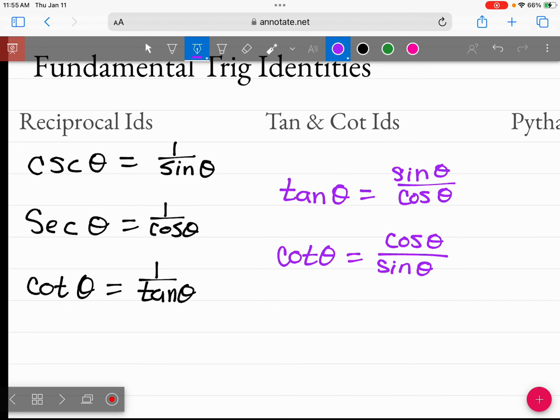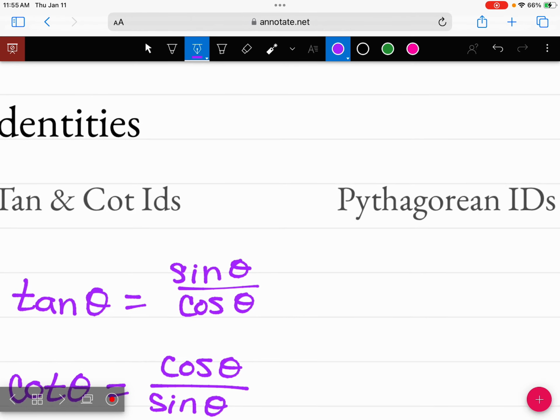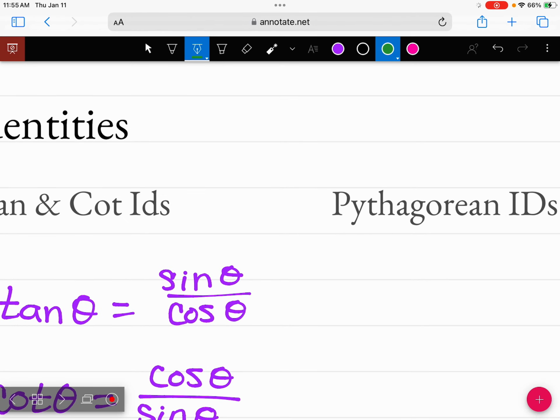The really new things today are our Pythagorean identities. First, a quick note about notation. We're going to start seeing exponents on our trig functions, like sine squared of theta.